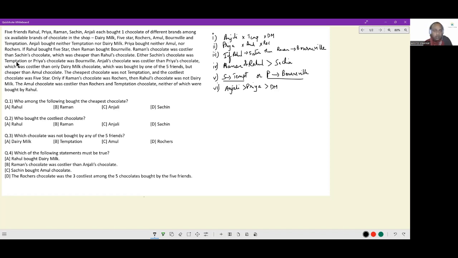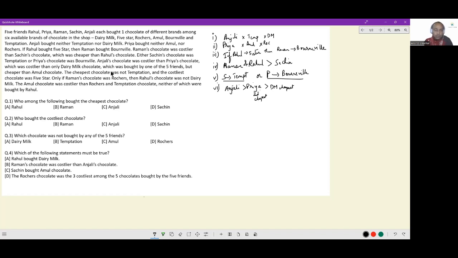And if Priya's chocolate was costlier than only Dairy Milk chocolate, Dairy Milk is the cheapest and Priya is the second cheapest.